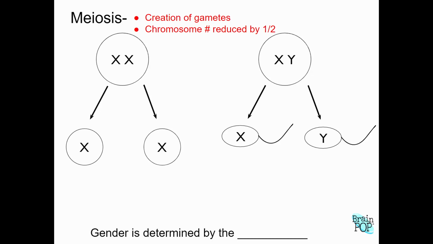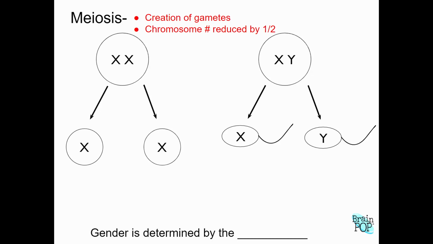Because what eventually might happen with this sperm cell and egg cell? Fertilization. And how many chromosomes will that have? 23 in the sperm cell, 23 in the egg cell equals 46 in the offspring, which is the correct number. So that process is called meiosis.